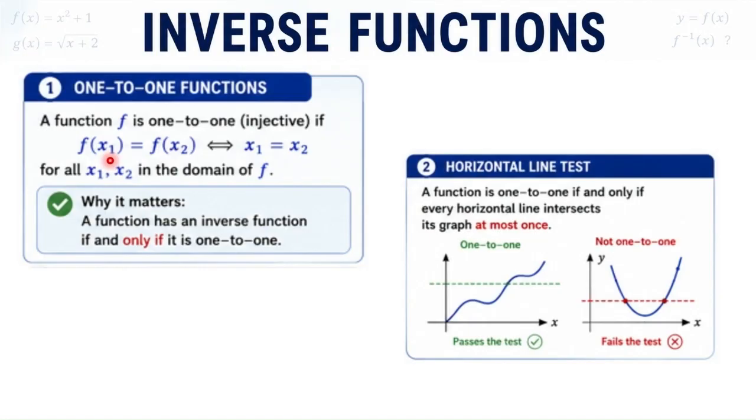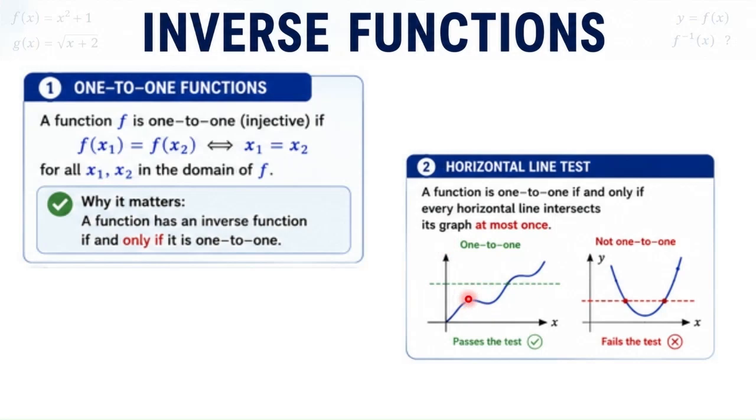Mathematically, a function f is one-to-one if f of a equals f of b implies a equals b. A function has an inverse if and only if it is one-to-one.